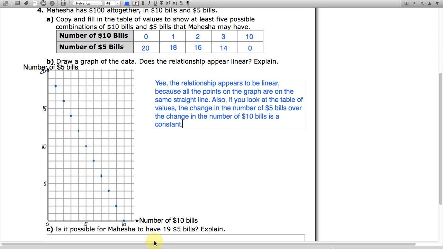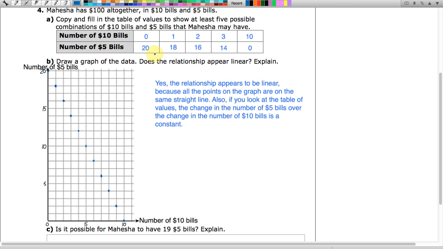So just to illustrate that point, if you look at this, it's going down by 2 every time this is going up by 1, and again down by 2 every time this is going up by 1. And so it's that -2 over 1, which is a constant, right? -2 each time for all of these steps up by 1.